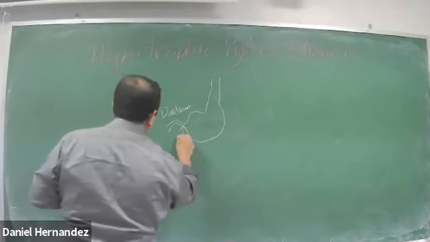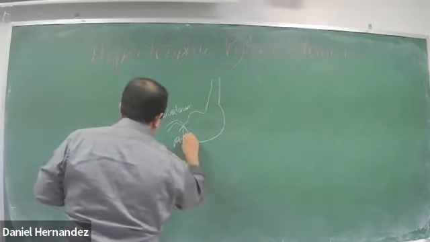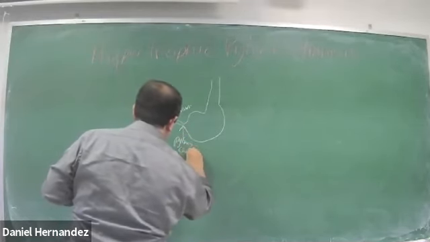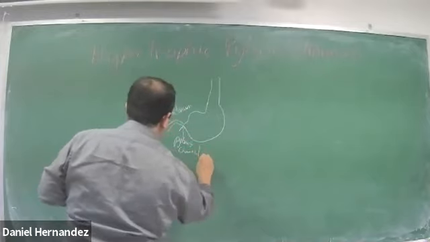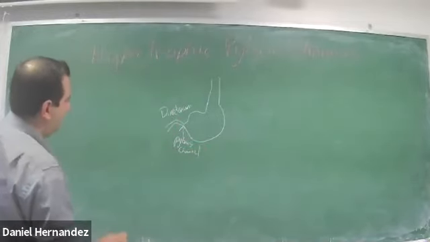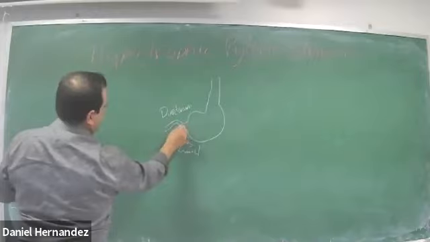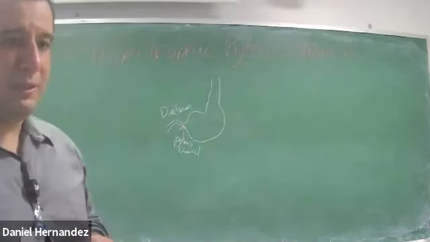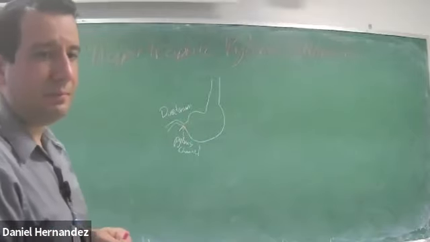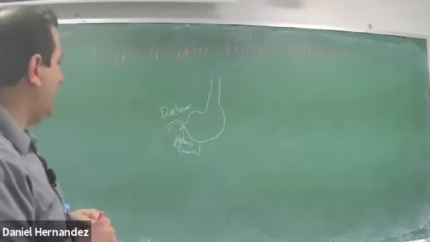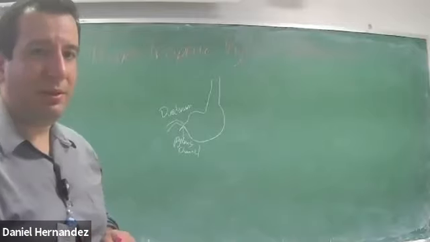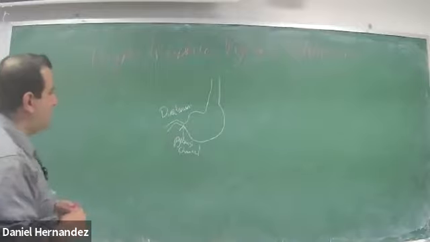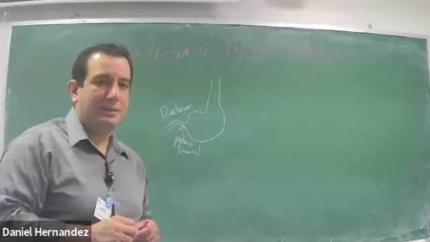You'll have your pylorus channel. So the pylorus channel is the little space in between that pylorus muscle or that pylorus sphincter. And it helps to control the passage of food and water from the stomach into the intestine.